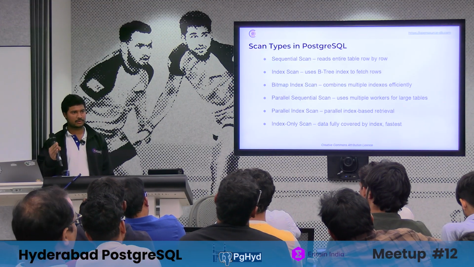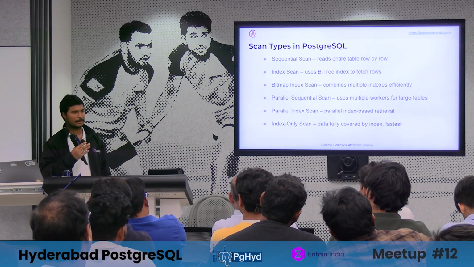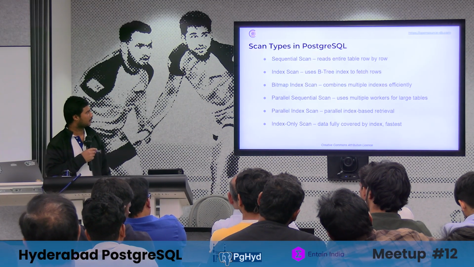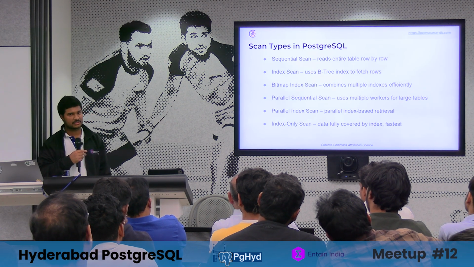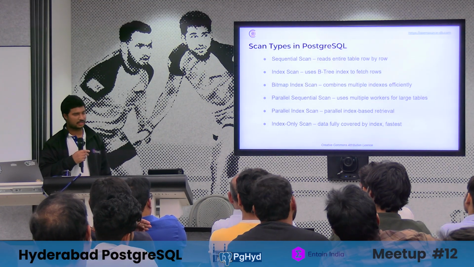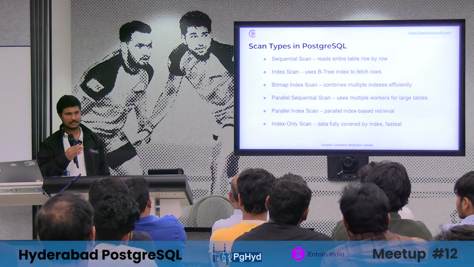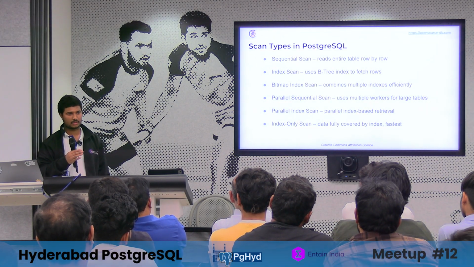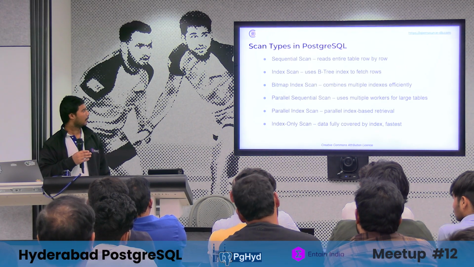It checks row by row until the condition passes, to complete the query, and then shows us the information. Coming to index scan, it uses B-tree indexes or other indexes to fetch specific rows on the table and shows the information.